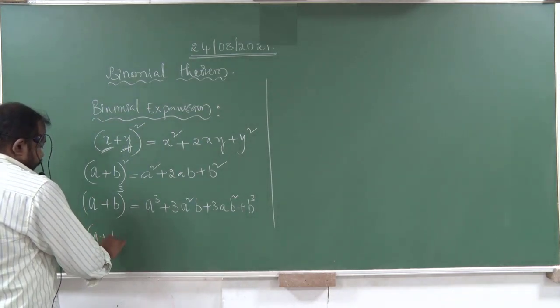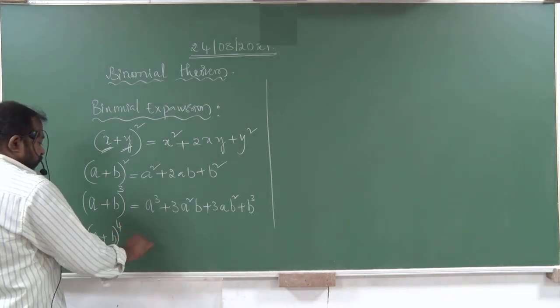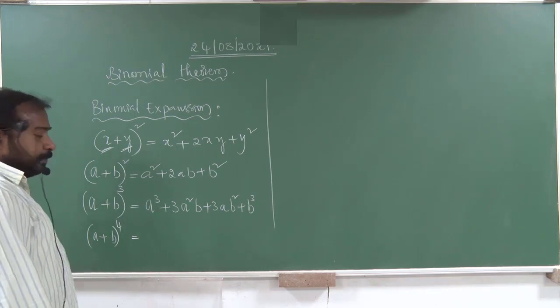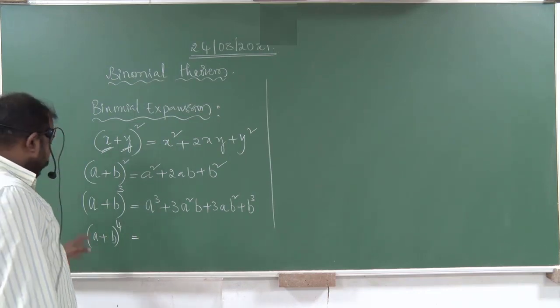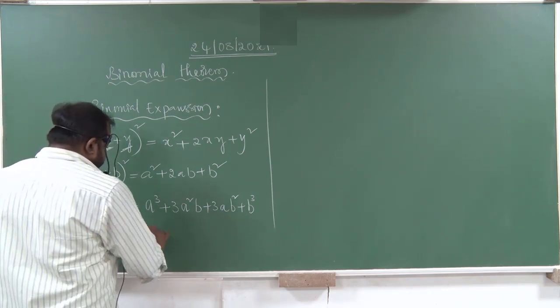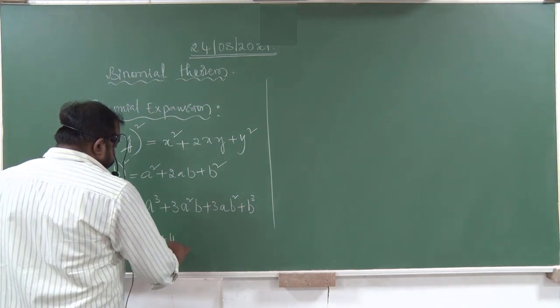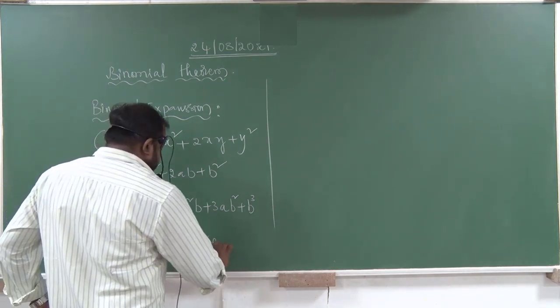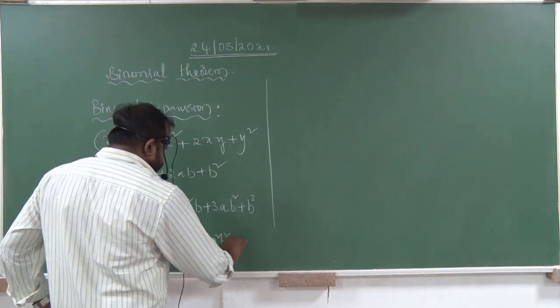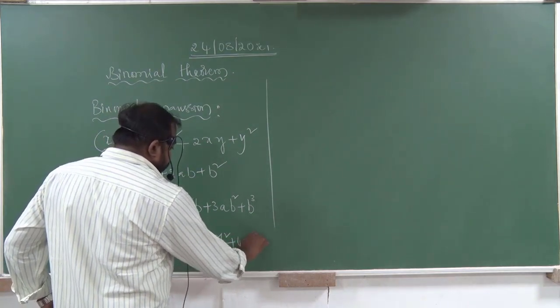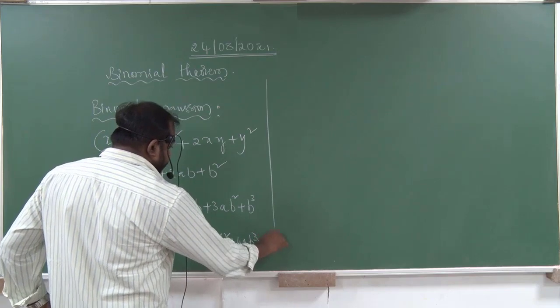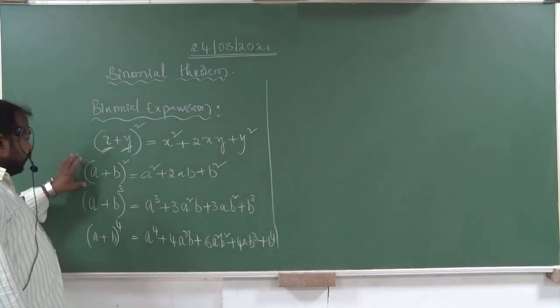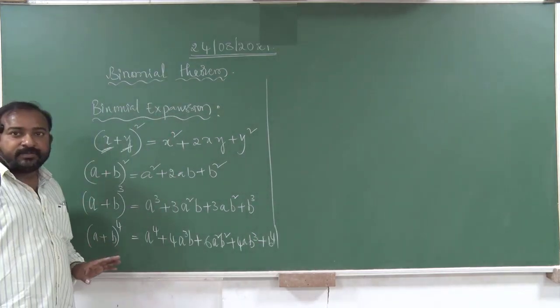If you observe (a + b)^4, by multiplying and simplifying, you will get a^4 + 4a^3 b + 6a^2 b^2 + 4ab^3 + b^4. These are the binomial expansions.